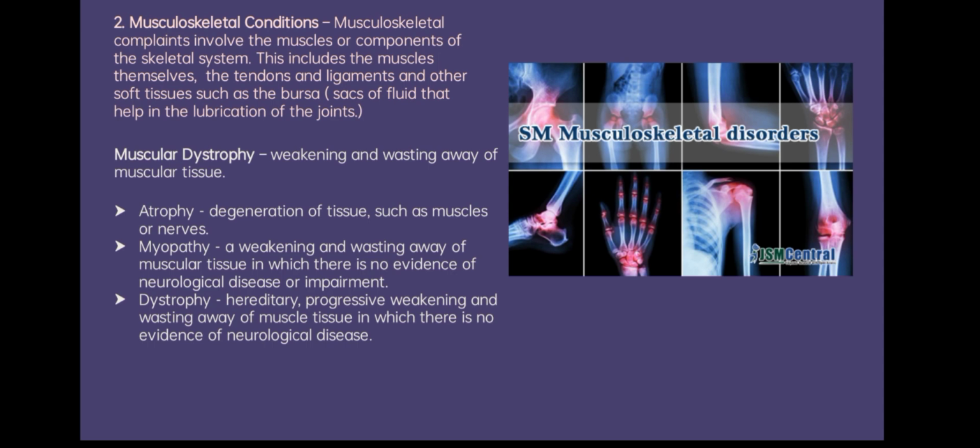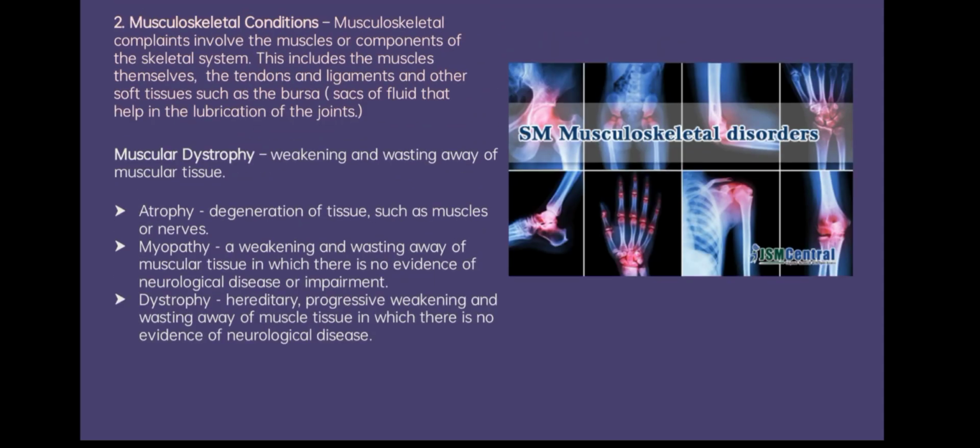Second is myopathy, a weakening and wasting away of muscle tissue in which there is no evidence of neurological disease or impairment. Then dystrophy, hereditary, progressive weakening and wasting away of muscle tissue in which there is no evidence of neurological disease.